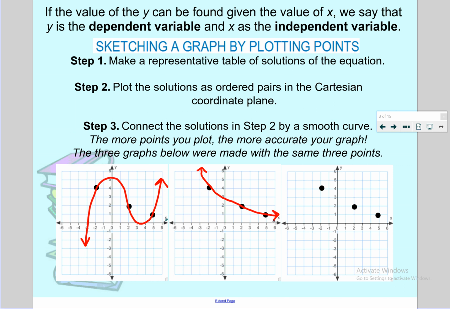Maybe you guys have seen those before. I could see a parabola, something like that. I could even take the top half of it and it might be a square root function. So lots of different things I could do here, and the 3 points maybe don't make it as obvious as what I should have. So more points the better is kind of the moral of the story here.